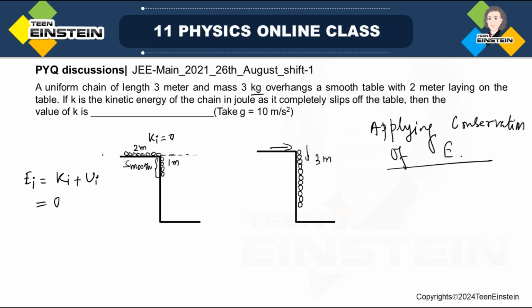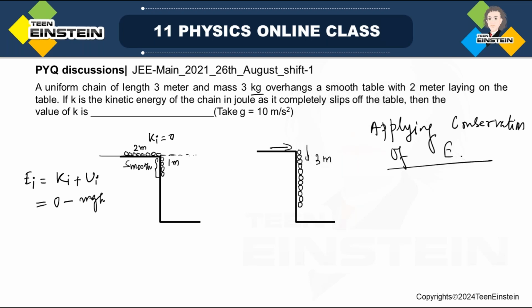If I think of this as the reference level, the potential energy will be negative because the height is in the downward direction with respect to the reference level. So I'm taking negative potential energy, and see how I get m, g and h. How much is the length hanging here? This is 1 meter. So what will be the height? You might be writing 1 meter.